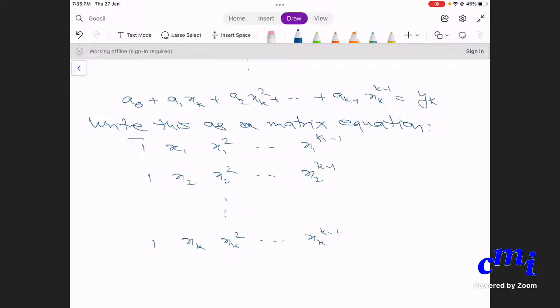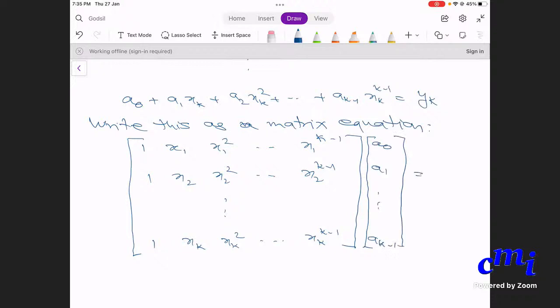This is the coefficient matrix, times a0, a1 up to ak minus 1, equals y1, y2 up to yk. So written as a matrix equation, this is how it looks.